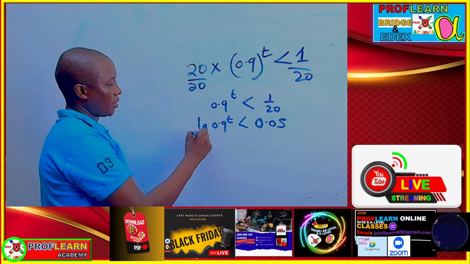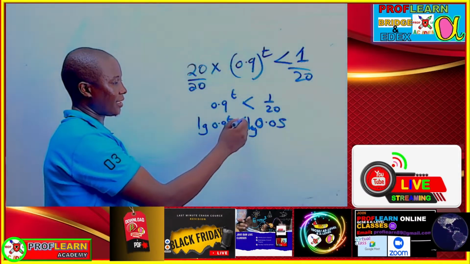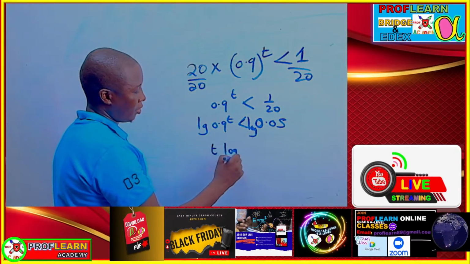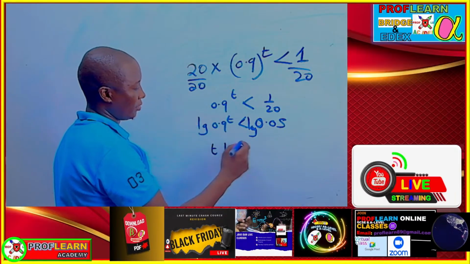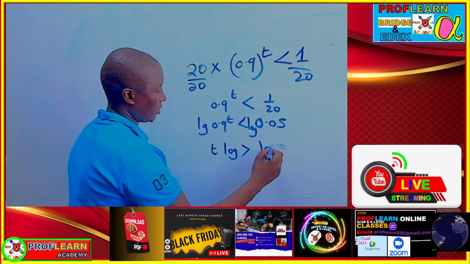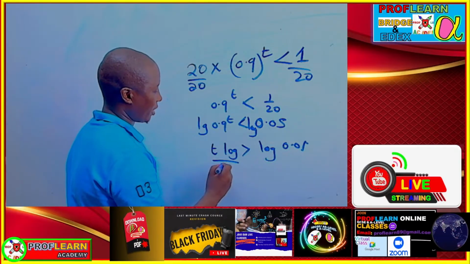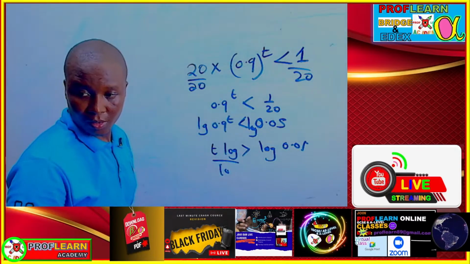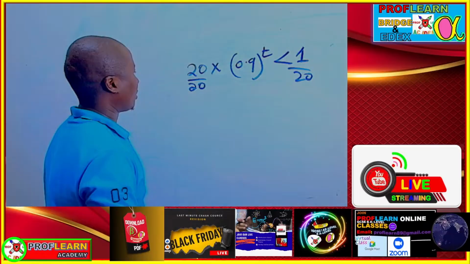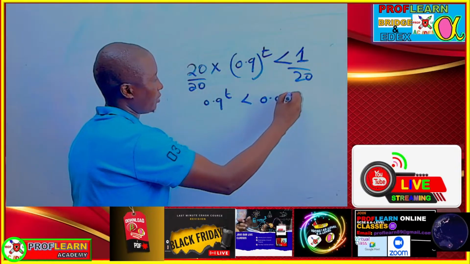So we can introduce log on both sides. So 0.9 to the power t is less than 0.05.